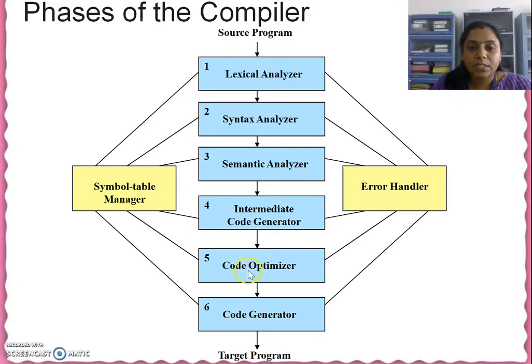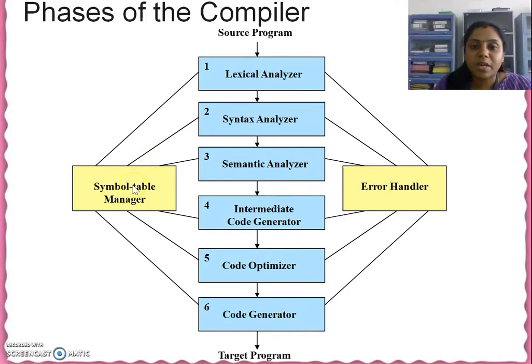For all these phases, there should be a link to a symbol table manager and an error handler. The error handler is used in all the phases: a lexical error is indicated by the compiler during the lexical analyzer phase, and a syntax error is given by the syntax analyzer during the syntax analysis phase. Likewise, all the phases report errors during the compilation process.